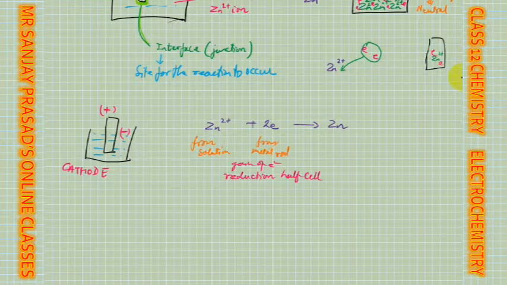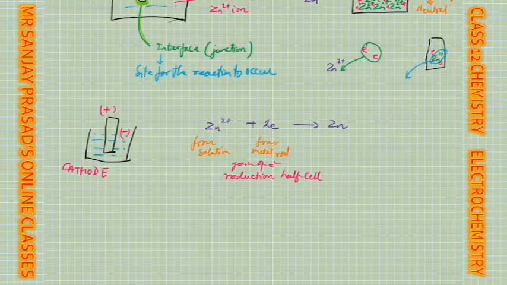Now what can happen here is this zinc, which was neutral on the metal rod, associated with the 2 electrons, comes out from the metal rod and goes into the solution. This can also happen, isn't it?